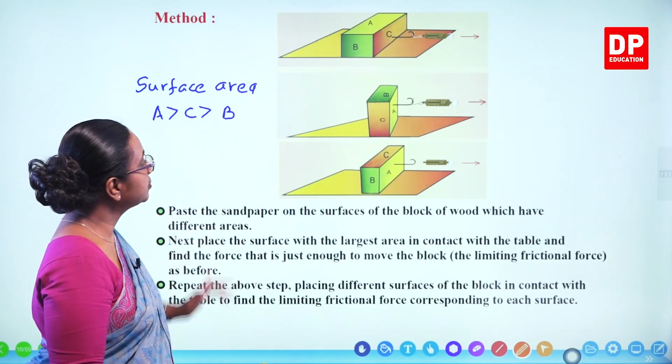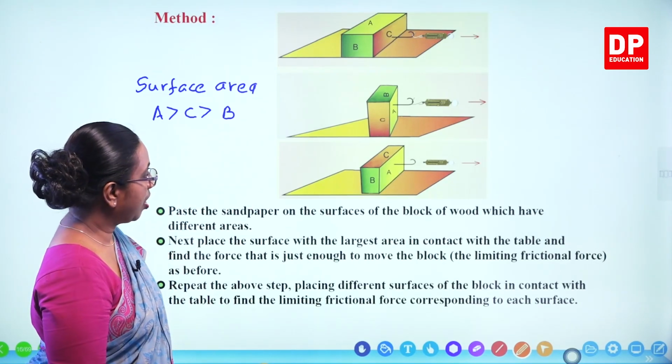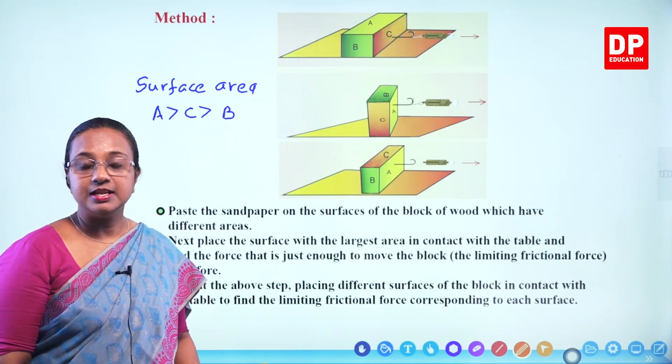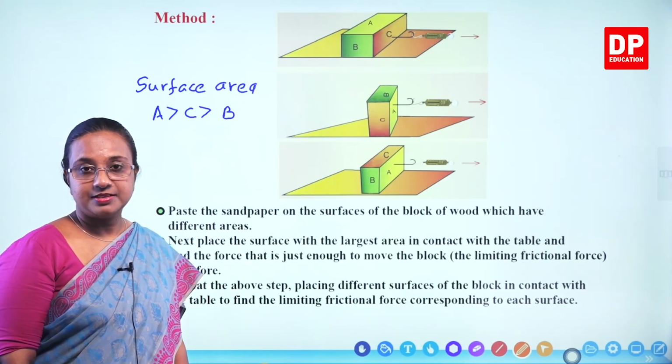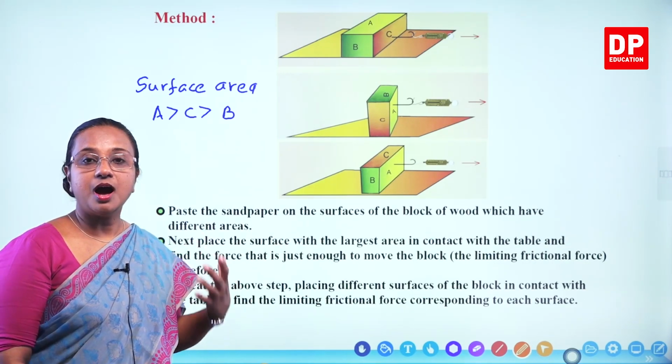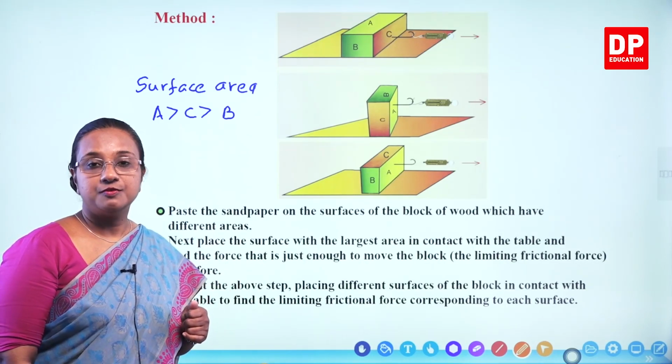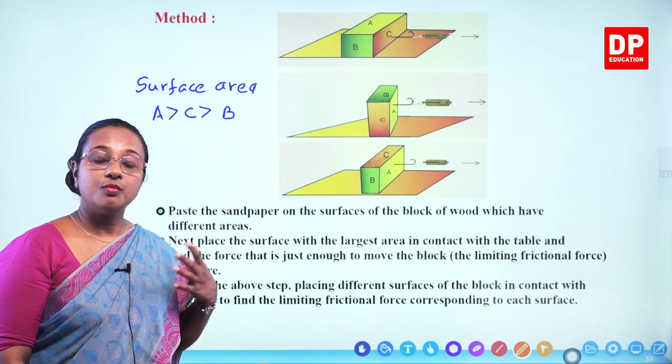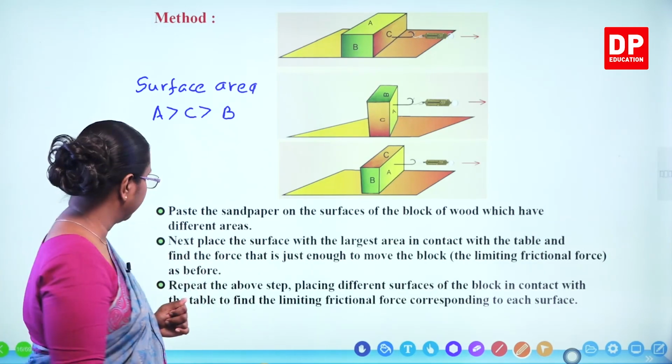So if we use these 3 blocks, then we can carry out this activity and observe how the limiting frictional force changes or whether it does not change.